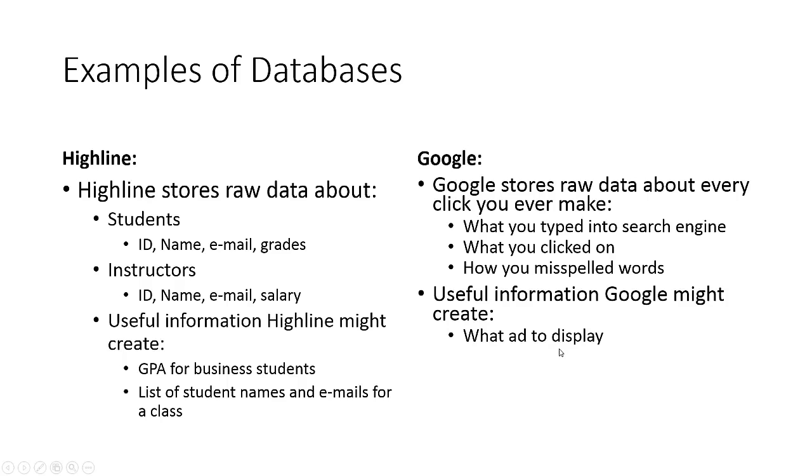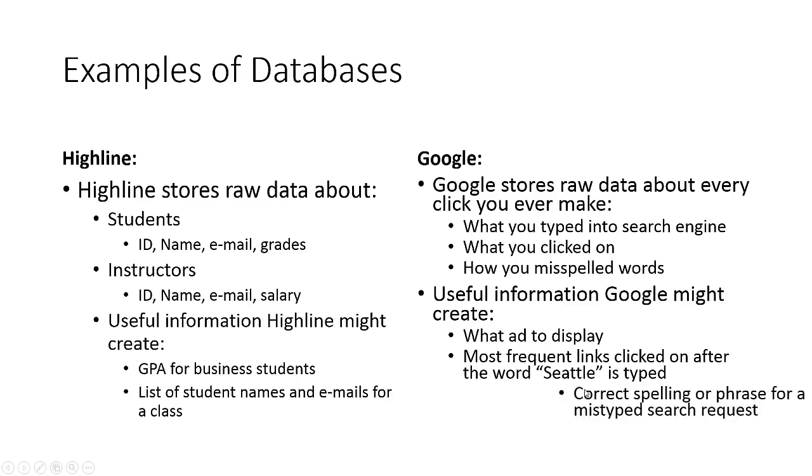What ad to display? Most frequent links clicked on after the word Seattle is typed. When you type something in to Google, it immediately suggests some popular links. That's a form of data analysis, going from all the stored raw data information to creating something useful, like maybe people that type Seattle then type weather or pizza or something like that.